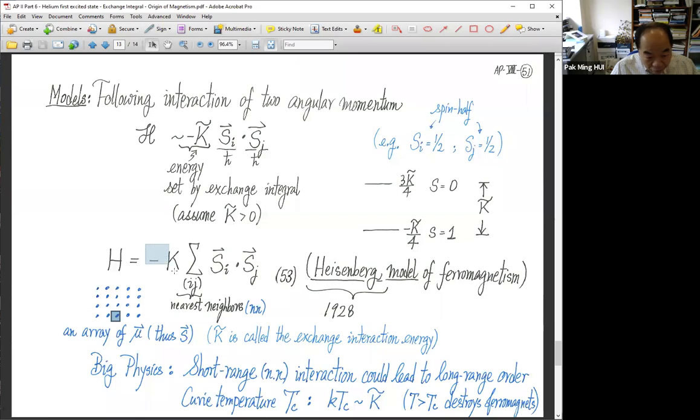With such a minus k, where k is an energy, if aligned, there will be lower energy proportional to k. So if we only include nearest neighbors, that means one spin here only wants to persuade its four neighbors to go in the direction of this spin. So I'm just persuading my four nearest neighbors: I'm up, you better go with me, up, the energy will be lower.